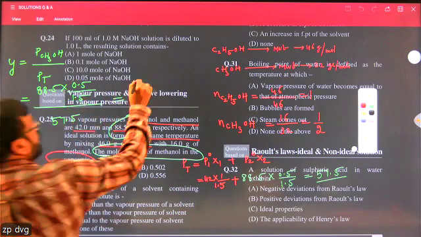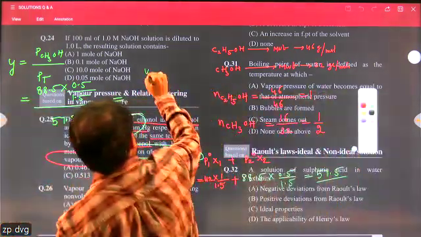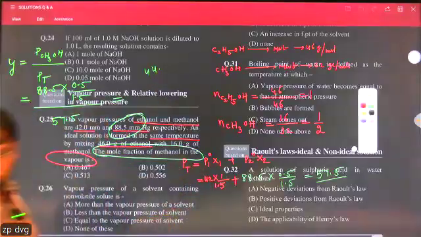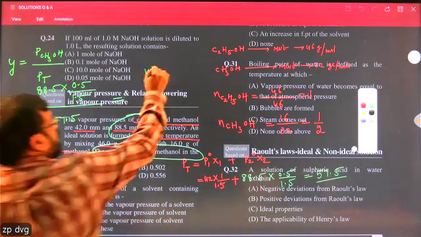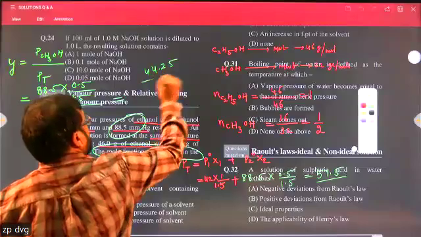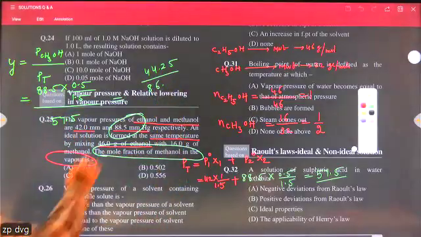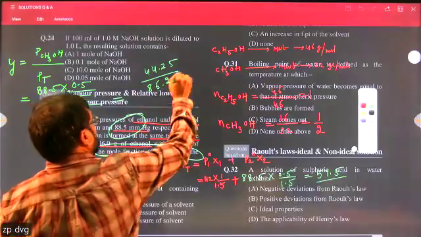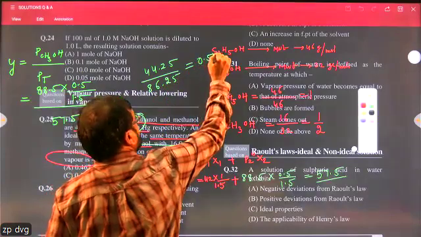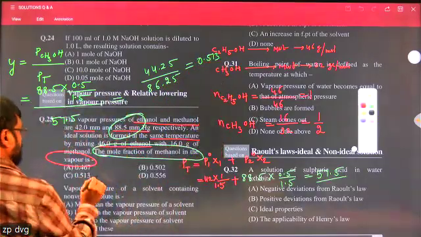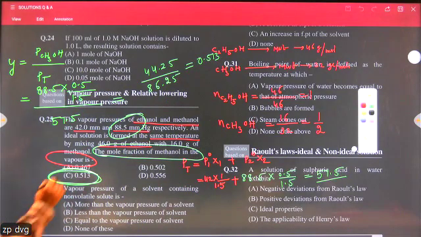So this total is equal to 44.25 divided by 86.25. Then if we simplify this, how much will we get? 0.513 we will get. That is the answer. So therefore, Option C is the correct answer.